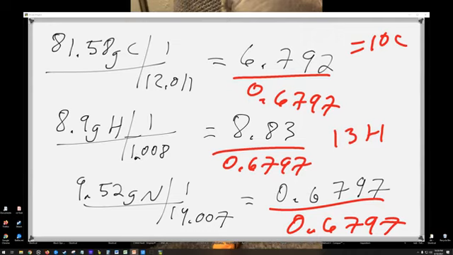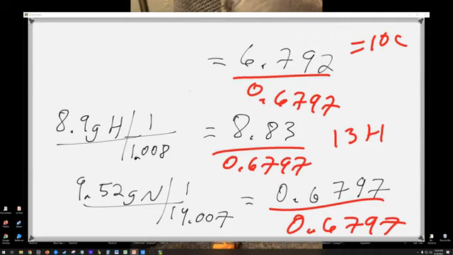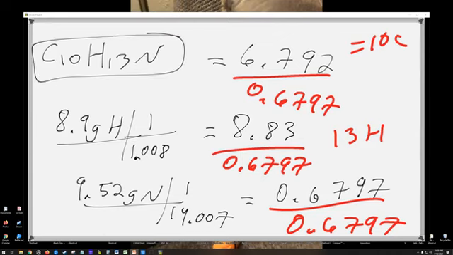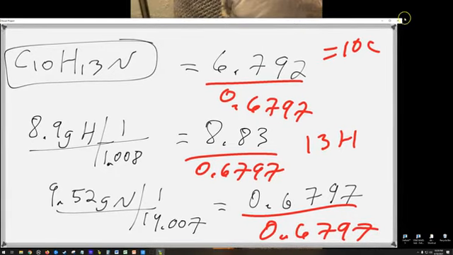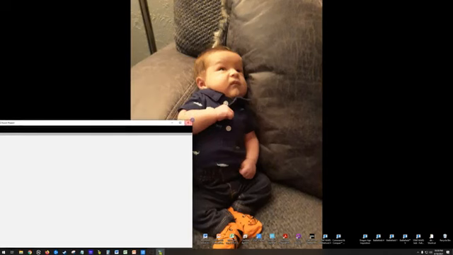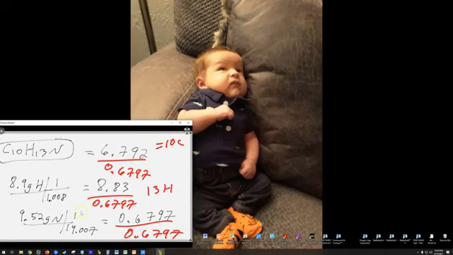So that becomes, I can give myself some room, C10H13N. Let's see what that one is. All right, maybe we can identify victim number 10. C10H13 and 1 nitrogen.